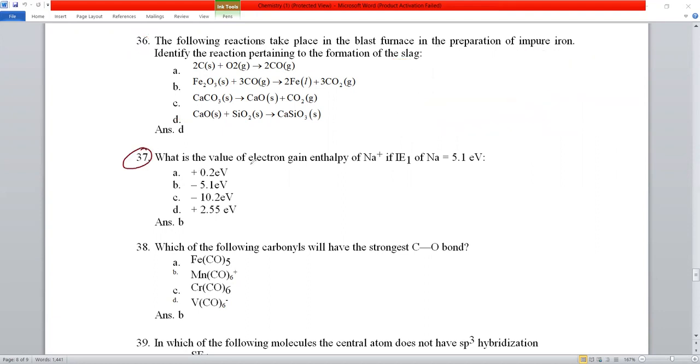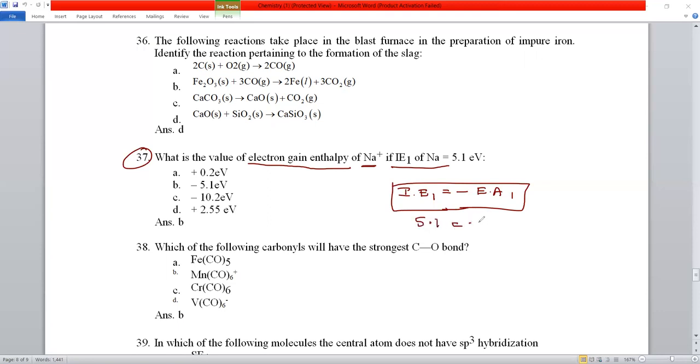Next, 37. What is the value of electron gain enthalpy of Na plus if IE1 is 5.1? So we know very well IE1 is equal to minus EA1. Both are numerically the same, but the sign varies. So if the IE1 value is 5.1, then the EA1 value is minus 5.1.